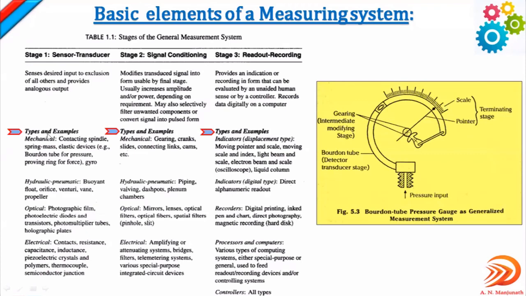You can observe here the types and examples. If you come to the mechanical instruments, for the sensor stage or the transducer stage, some examples are mentioned here, such as the contact spindle. Suppose you take the example of a dial indicator. It is going to have a spindle or a plunger which sends the input signal. That is a mechanical one.